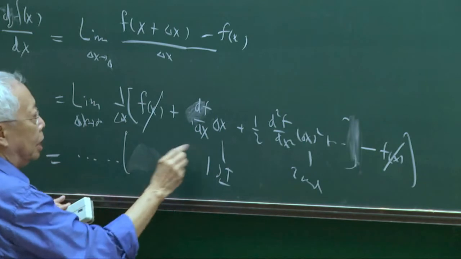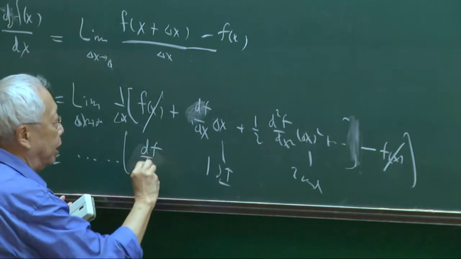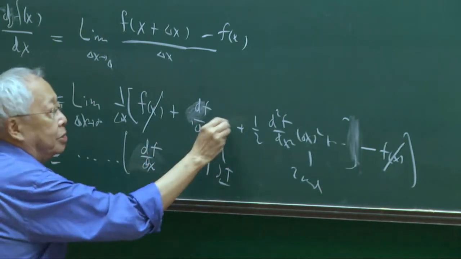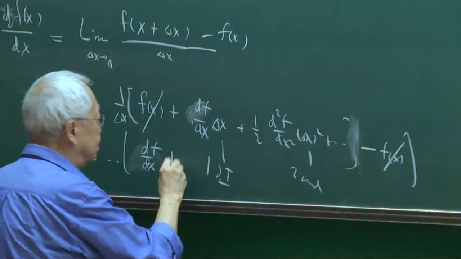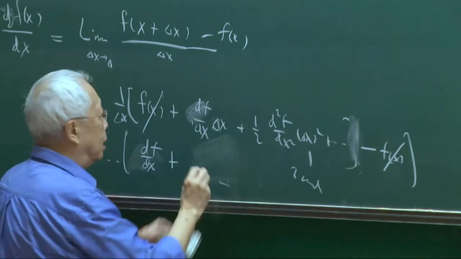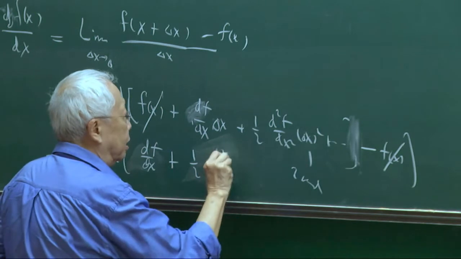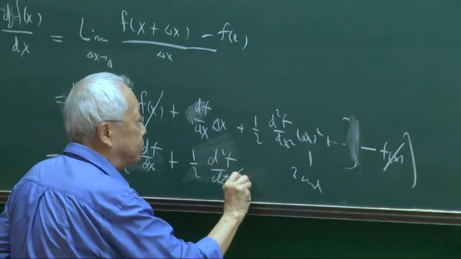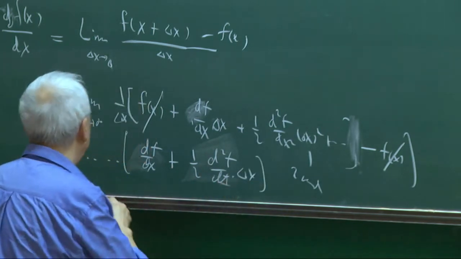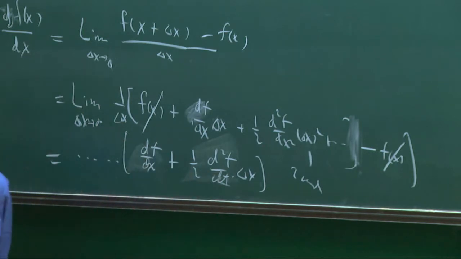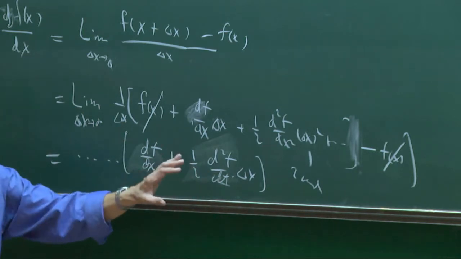So when you divide by delta x, the first term is df/dx. This is canceled out. And the second term is 1/2 d2f/dx2 times delta x. And so when you take the limit, this term vanishes. That is why second order small can be vanished in this context.